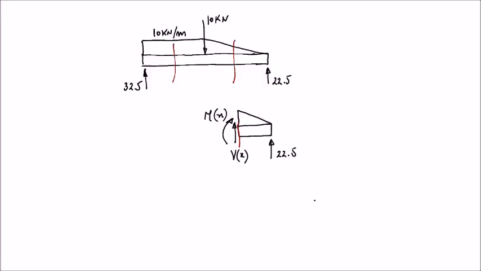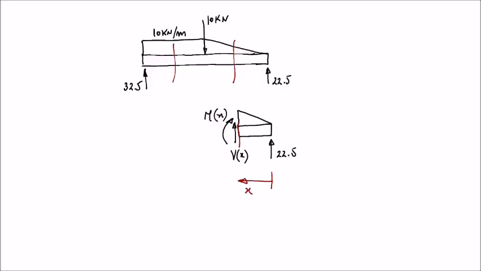And of course, we need to consider a local variable x, that I'm going to say that my local variable x is going to start at point B and pointing to the left direction. So basically x equal to 0 means point B. There is one more thing we need to do, is we need to get the height of this triangle.